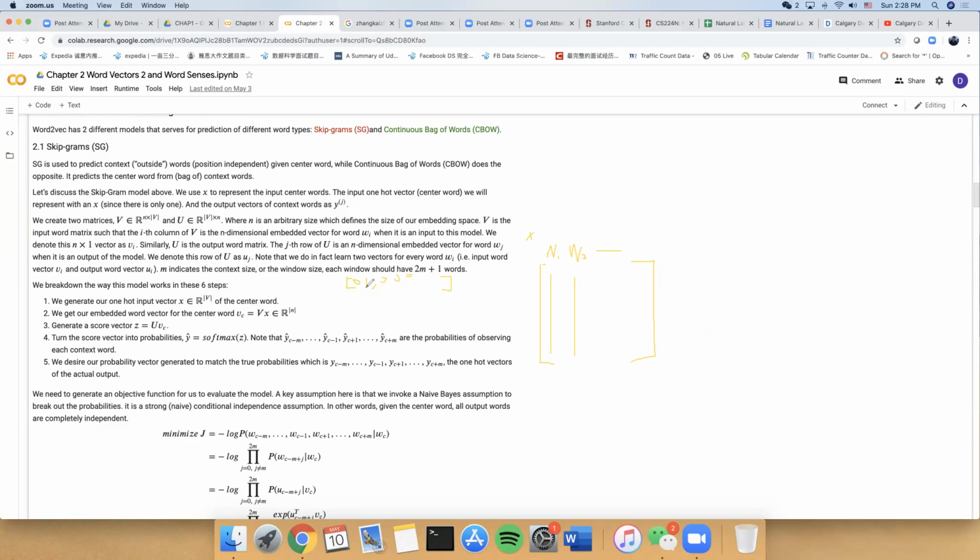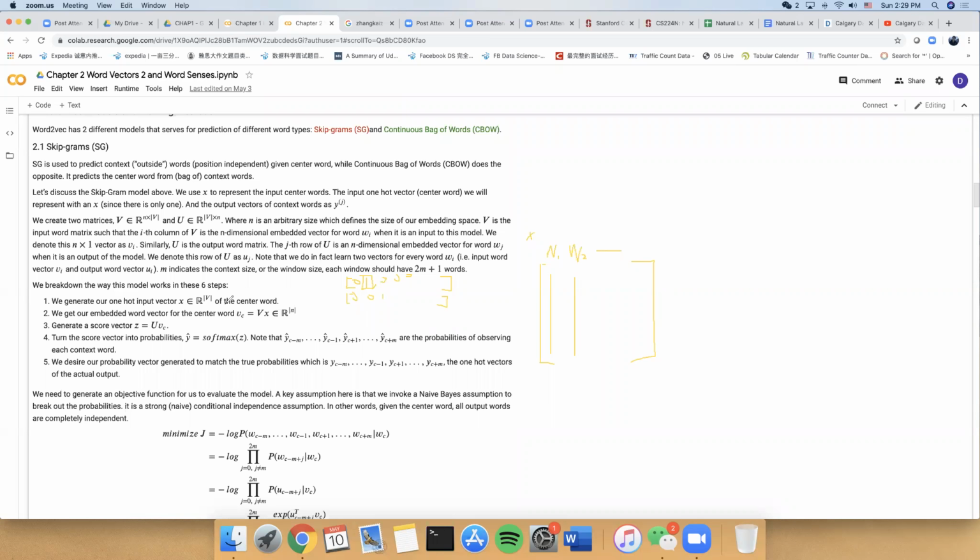Or you can do another one, 0, 0, 1 here. So basically, that's a one-hot encoding vector. This 1 here means this is the position where the center word is going to show up. So the second word is the center word. All the other words are context words.